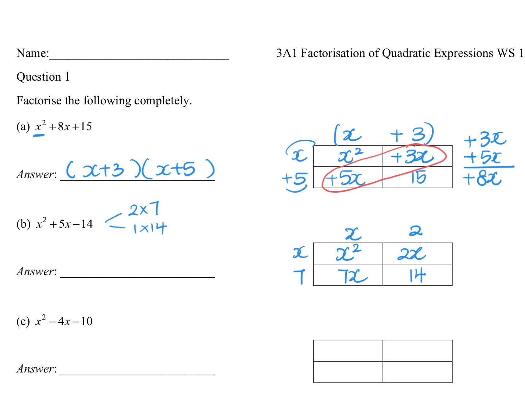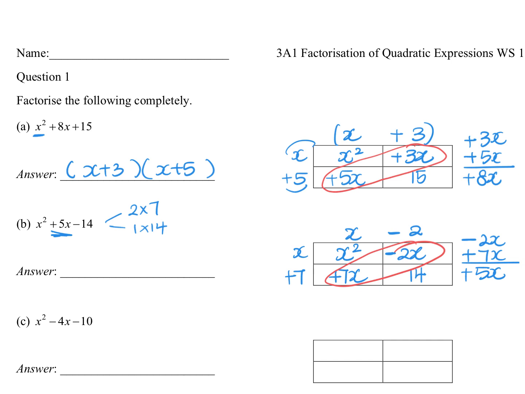Okay, looking at this, I want the total sum to be positive 5x. I can only add or subtract, right? So that means positive 7 subtract 2 will give me 5x. So I'll put the sign for 7 as positive. 2 will be negative.